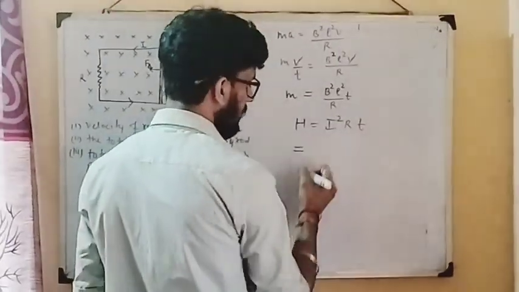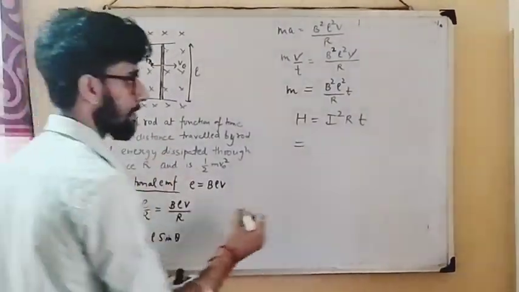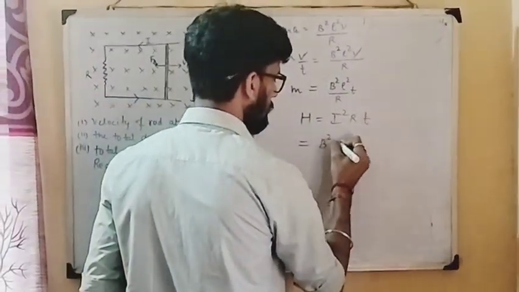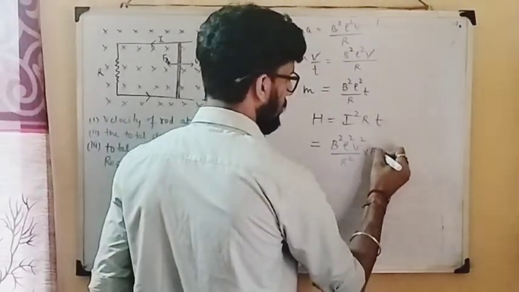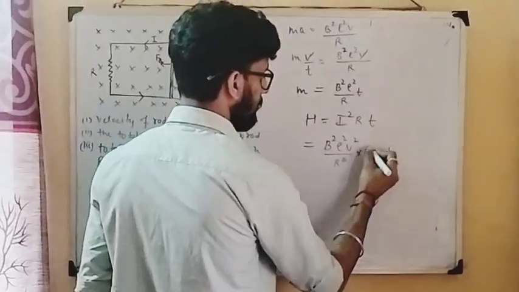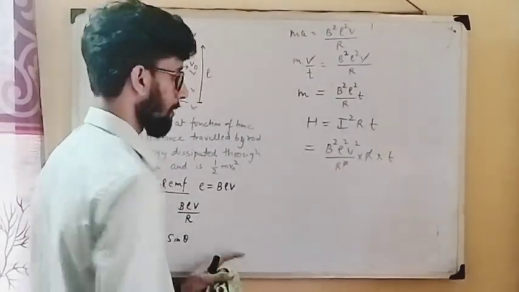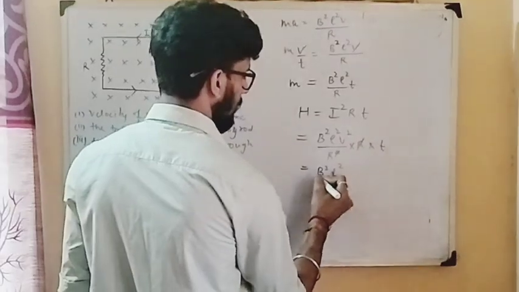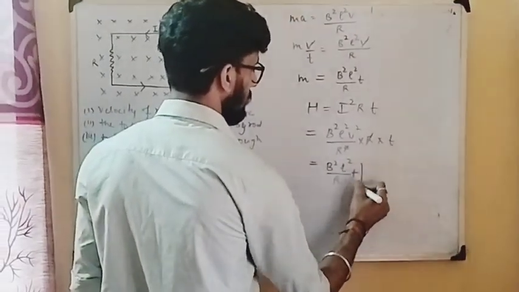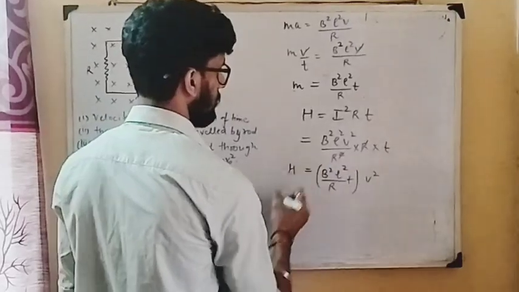We have already calculated I, and the value of I is BLv upon R, so H is equal to B square L square v square upon R square into R into t. And we can see R can be omitted from here. We'll find that B square L square upon R into t into v square is equal to H.